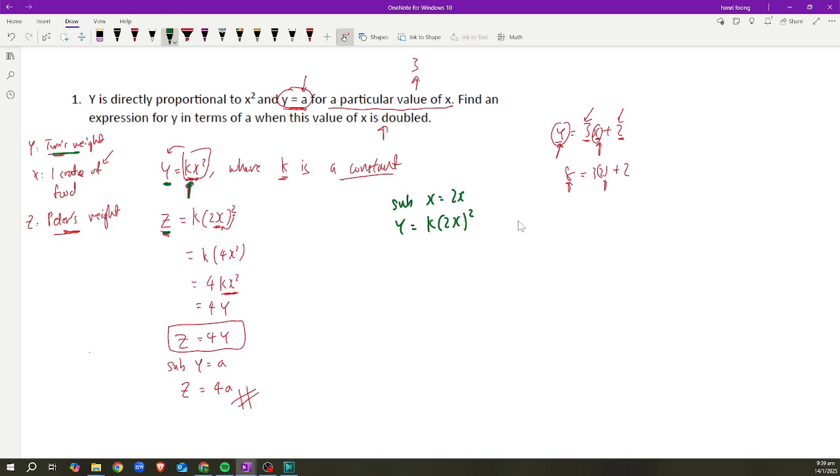Now you are saying again that Tom's weight is related to two crates of food through this equation, which is contradictory to your first statement. So that's why you cannot use y again. You've got to use z, basically another person. You find Peter's weight and then find out how Peter is related to Tom, so that you don't contradict each other. First you say Tom gets one crate of food, then after that you say Tom gets two crates of food. It's not mathematically consistent.